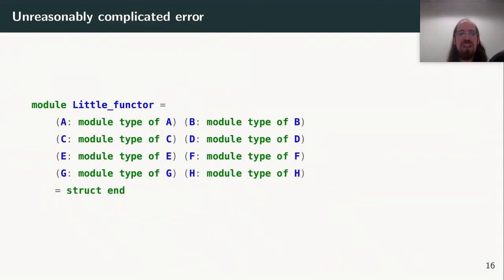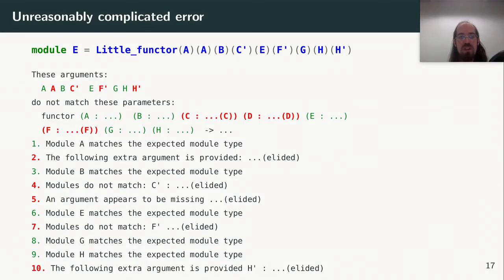Then we can define a little functor with 8 arguments. Personally, I never use a functor with 8 arguments, but let's say it's a little functor. And let's try to make some error when using this functor. So here we are applying this functor to 9 arguments.